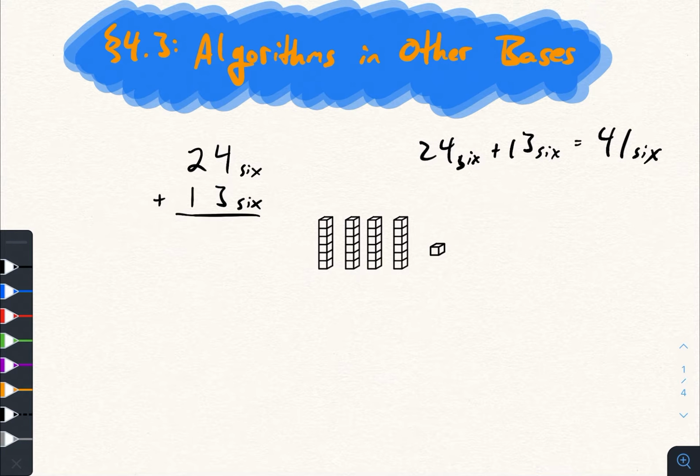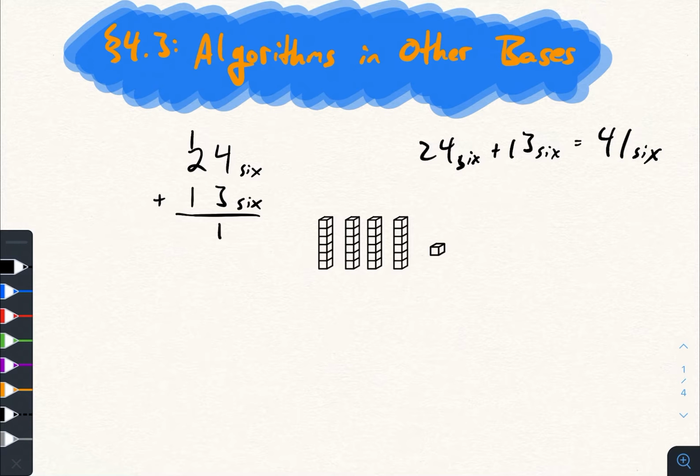So 24 base 6 plus 13 base 6. When I do the 4 plus the 3, 4 plus 3 in base 6, well, to us that's 7, right? But once you get to 6, then you carry that over. So 3 and 3 makes a 6. So 4 and 3 makes 6 and 1 more. So I carry that 1 over.